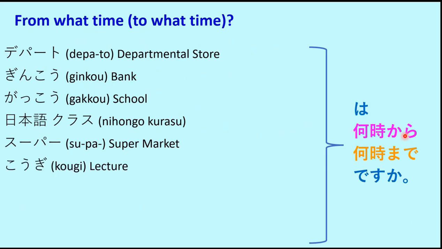Kogi. Kogi means lecture or a lecture by a professor. So kogi wa nanji kara nanji made desu ka? If the lecture is from 11 a.m. to 12 p.m., then the answer will be kogi wa 11時から12時までです。講義は11時から12時までです。Honda san no kurasu.